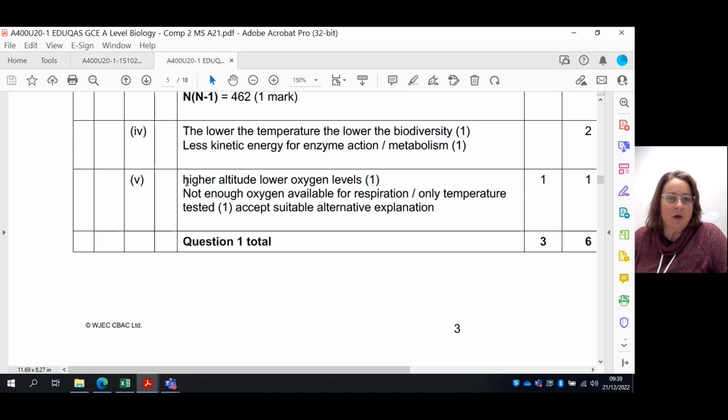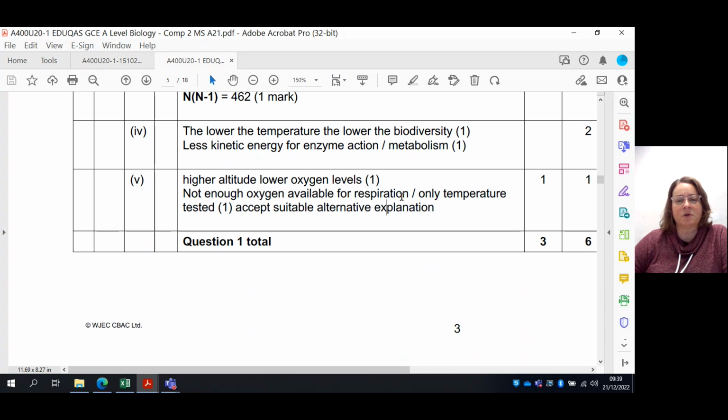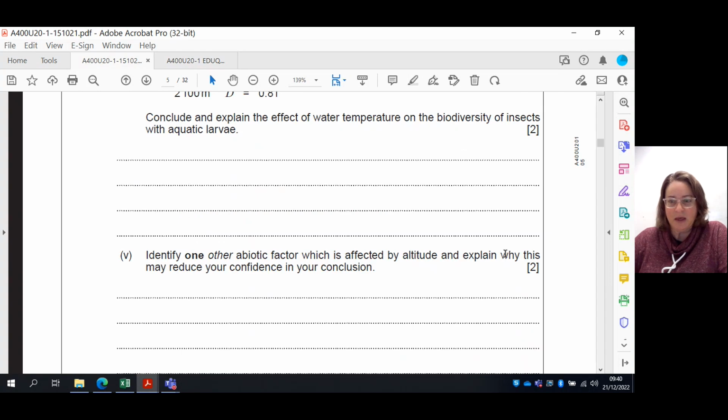Here we go. The higher the altitude, the lower your oxygen levels, and the oxygen availability for respiration may be a problem. So the less oxygen you've got, the less you're going to have a respiration pathway available, and any other suitable explanation to say that actually it's not only temperature that is going to have an effect here.